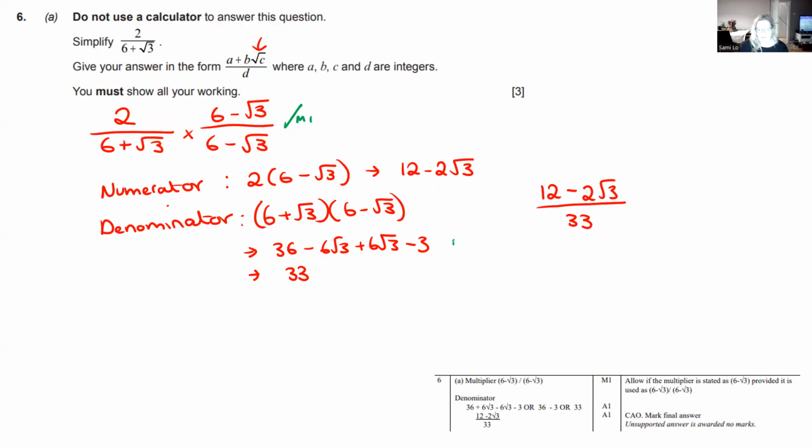So the work we've done here also gave us another mark, and that was an A1 mark. Rub that out because that's annoying me. Okay. There we go. So that's done. And the final answer mark then gave us our last mark. So well done if you managed to get all 3 of those.